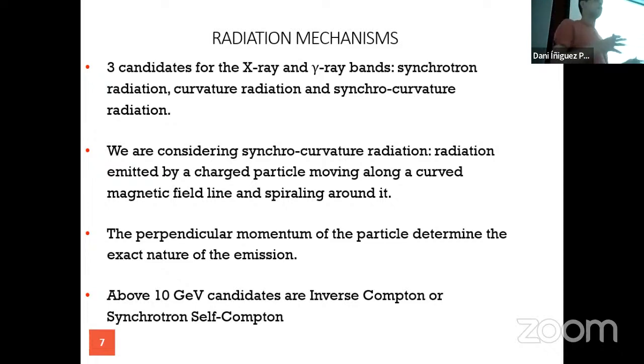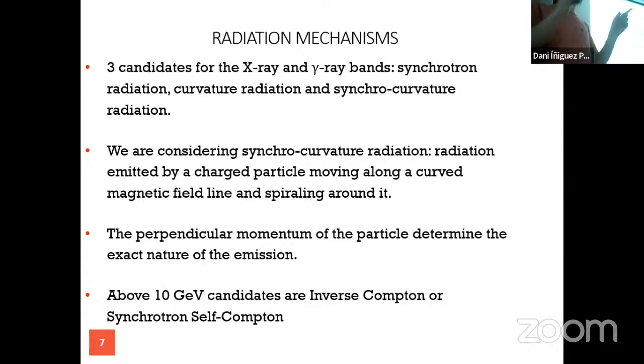The exact nature of the emission is determined by the perpendicular momentum of the particle. So it is helicoidal movement. If the perpendicular momentum is huge, the synchrotron losses will be relevant, and the emission will be limited by synchrotron radiation. On the other hand, if the perpendicular momentum has been totally lost and the particle slides parallel to the magnetic field, the radiation will be dominated by curvature.